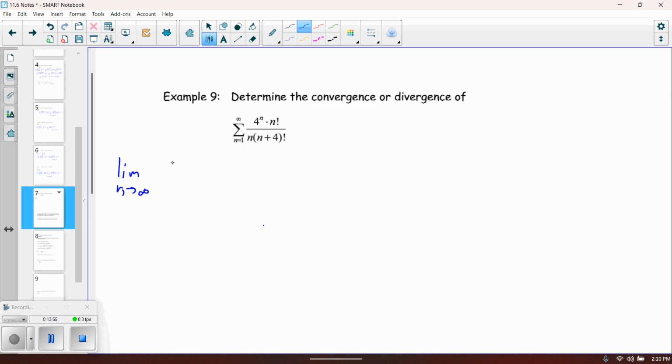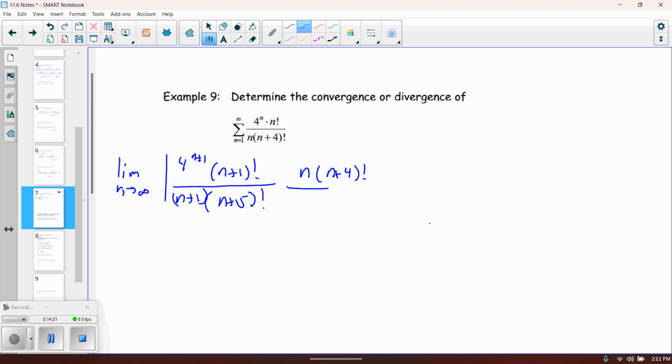infinity of the absolute value of 4 to the n plus 1, n plus 1 factorial, divided by n plus 1, n plus 5 factorial, times the reciprocal of the original, n plus 4 factorial, 4 to the n factorial.